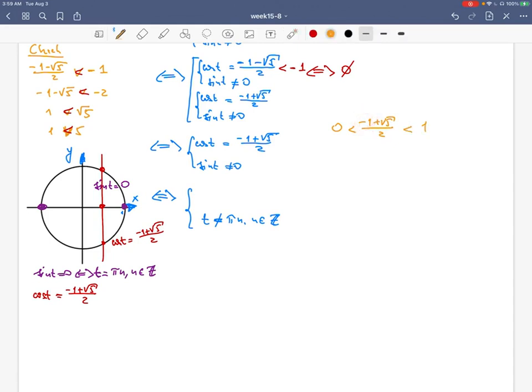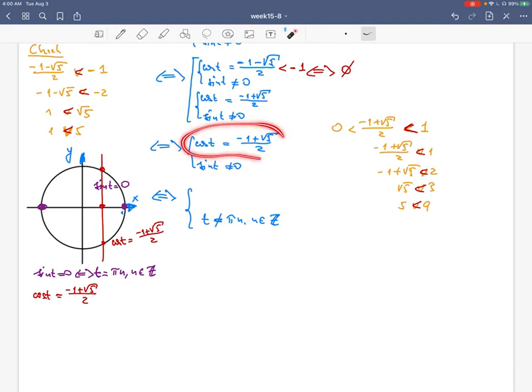But on the other hand, it's less than 2. That's also easy to understand if you compare -1 plus root 5 over 2 versus 1. Multiplying by 2, you get -1 plus root 5 versus 2. Moving -1 to the other side, you get root 5 versus 3. Squaring up, you get 5 versus 9. And of course, 5 is less than 9. So we do get that this number is less than 1.